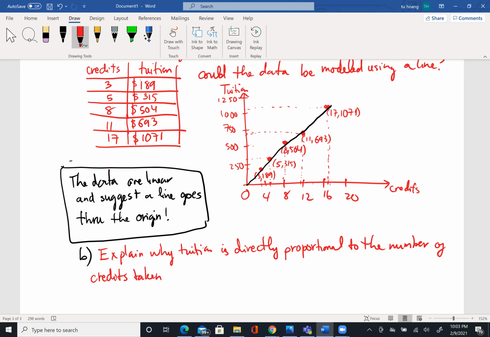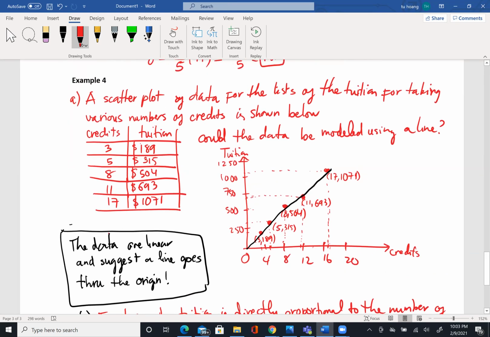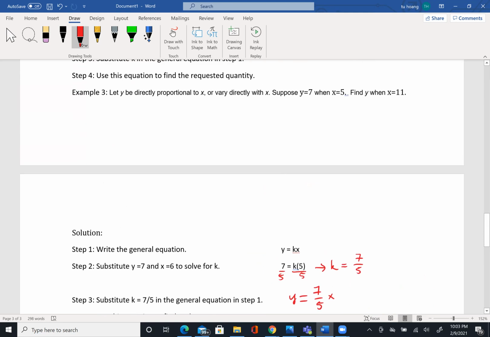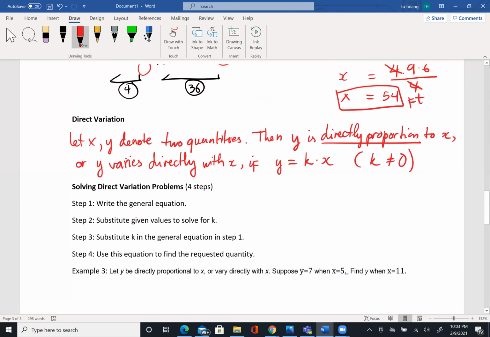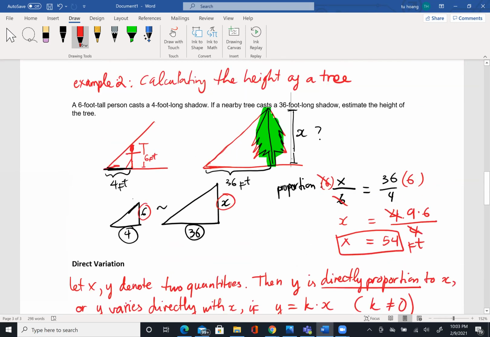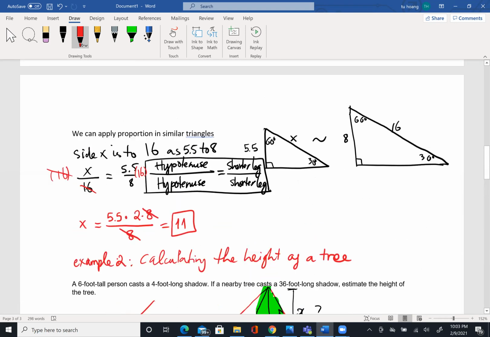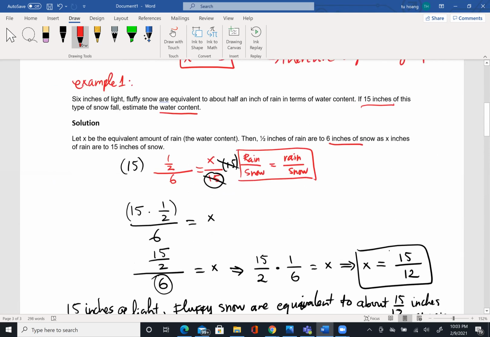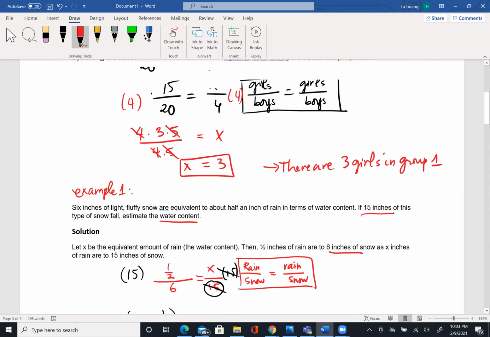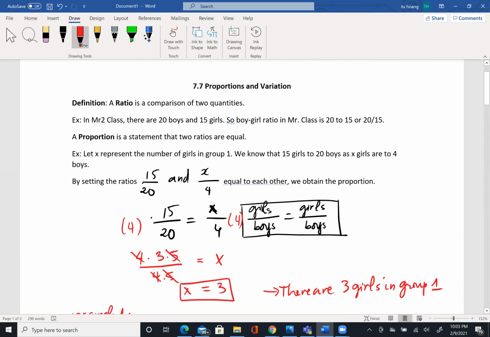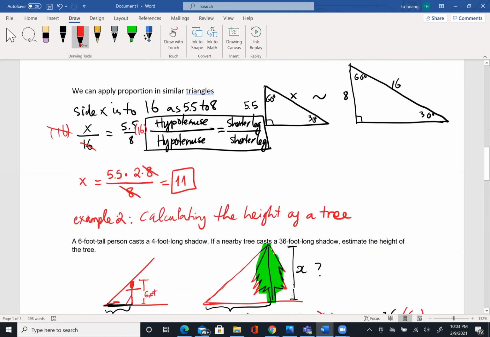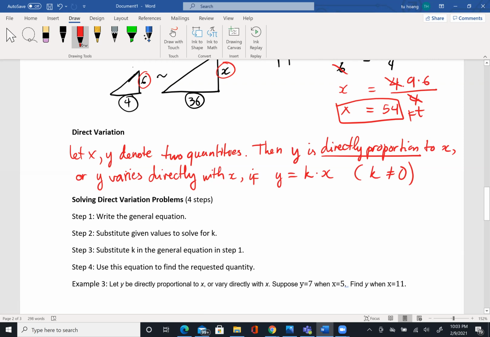So let's come back to the definition of directly proportional. y is directly proportional to x, or y varies directly with x, if y equals kx.